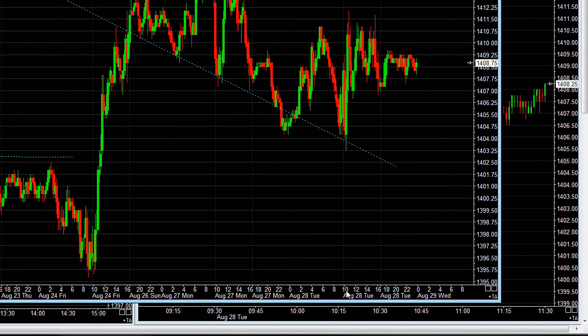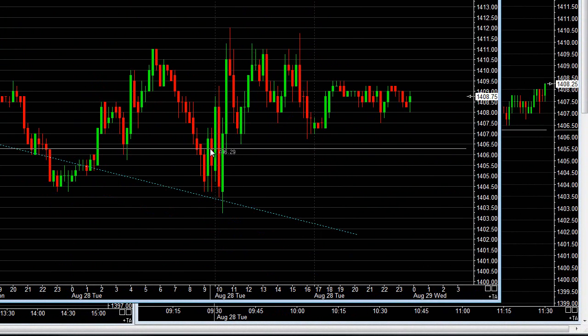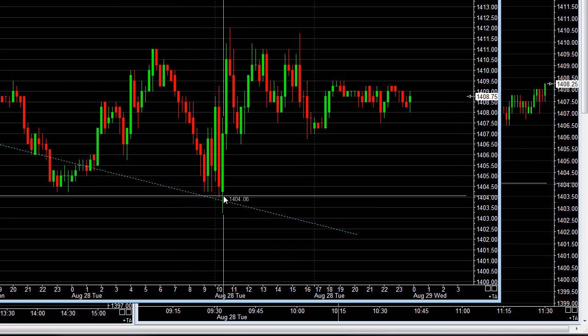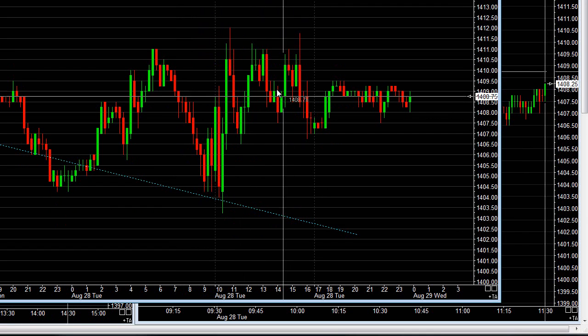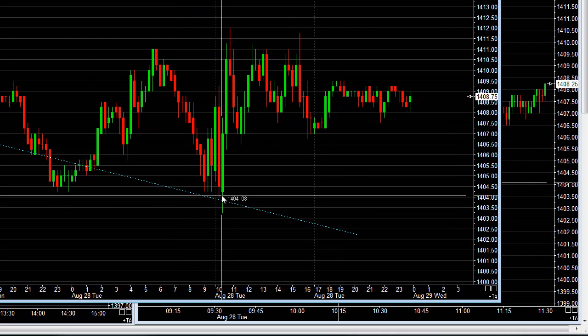But in saying that, today, let me zoom in a bit here. So here's today's action, but it's very handy to have something like this, seeing overall support and resistance areas and trend lines and things like that. Seeing the market come down almost to the tick, get a bounce off that area, and then really start coming up. Overall, it was a day that the market tried to push higher, and that certainly came about from this market getting a bounce off that trend line.